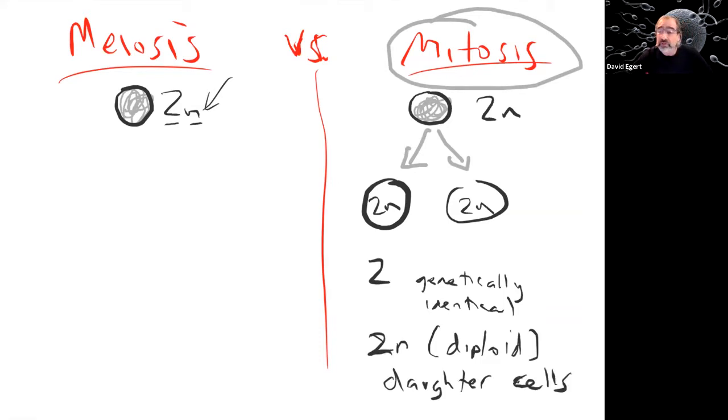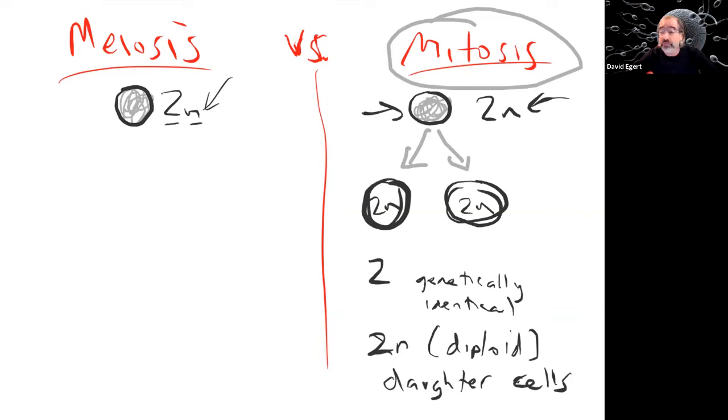If you remember, every single chromosome will duplicate into sister chromatids, and then they all line up along the metaphase plate, and they all get pulled to each side during anaphase. So you end up with two identical copies of the original cell.